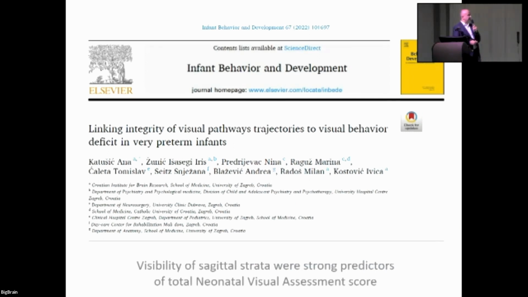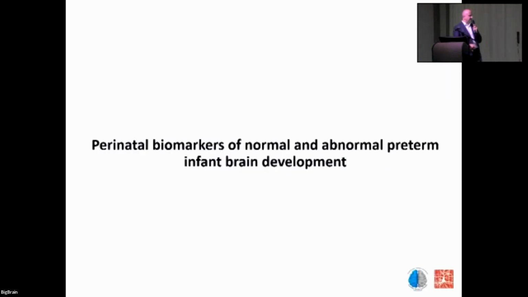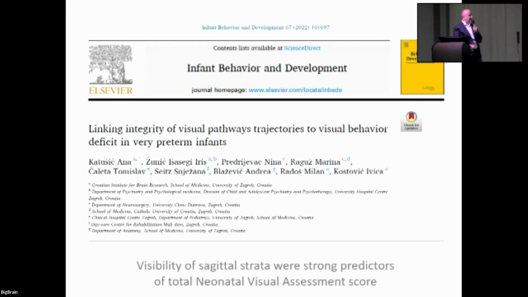This year we published a paper which correlates visibility of sagittal strata with the neonatal visual assessment score, and it was shown that visibility of sagittal strata is a strong predictor of the total score on this test.